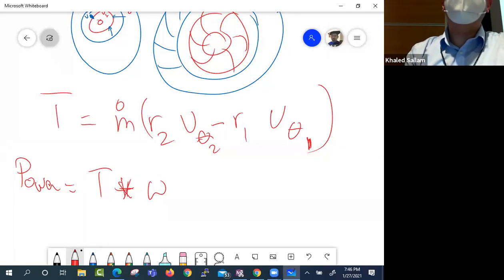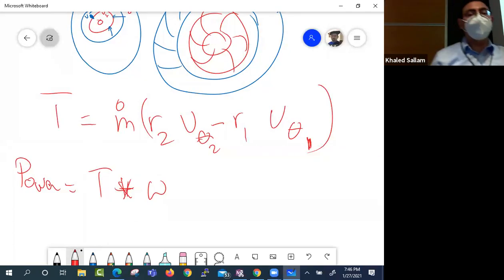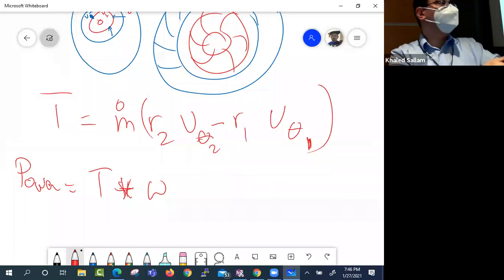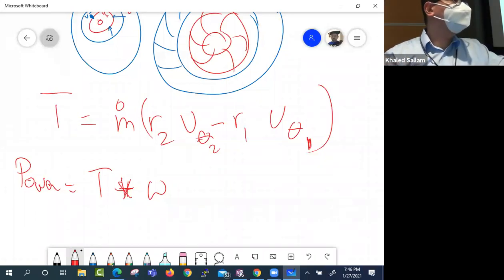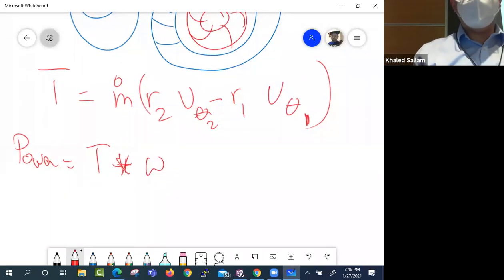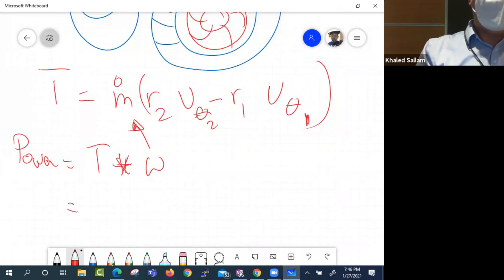Like any shaft, if you have a torque and it's rotating at a certain RPM and someone asks, what's the horsepower of that motor? You would say torque times omega, and I can measure the torque on the shaft. And you multiply by omega, that's the power, right? So now let's multiply omega by this equation so that we can get the power. What do we get?